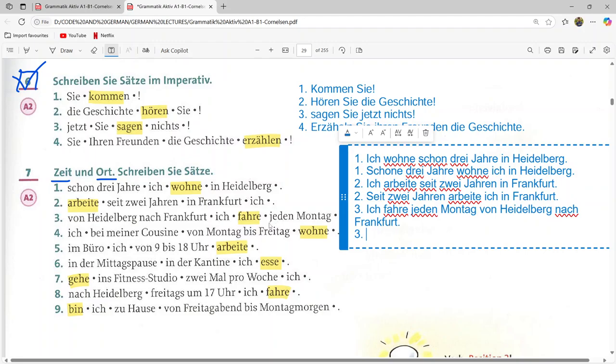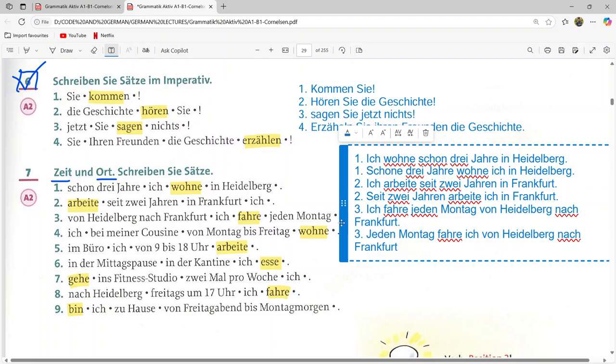We can make the sentence starting with the time, so we can write jeden Montag, and then the verb, fahre ich von Heidelberg nach Frankfurt. Done.